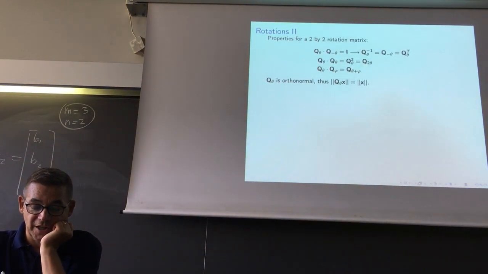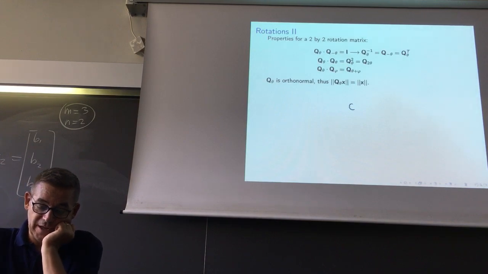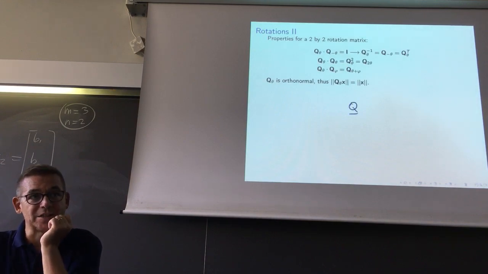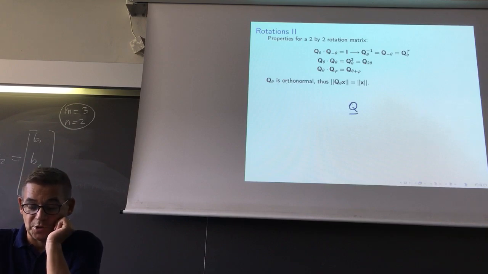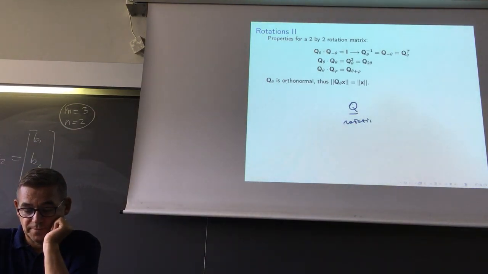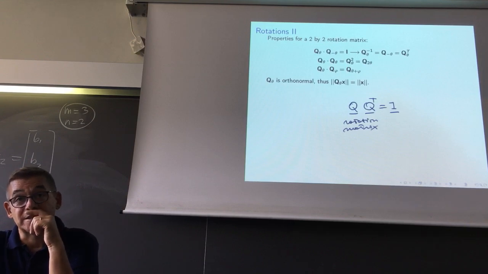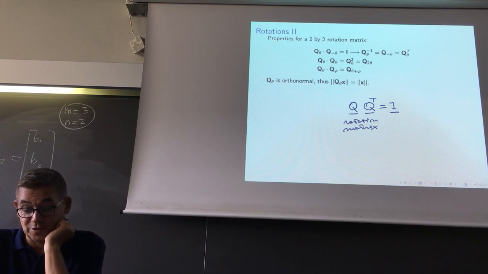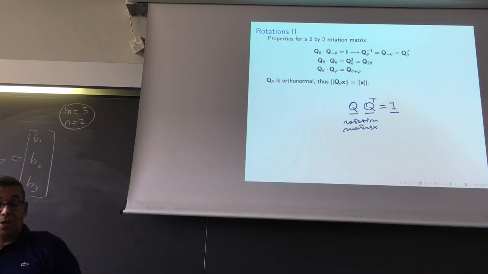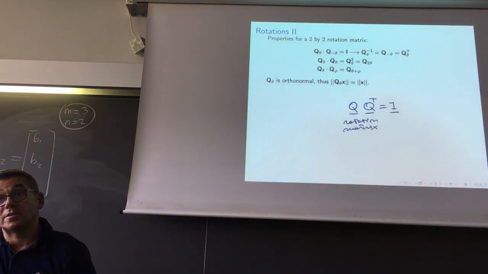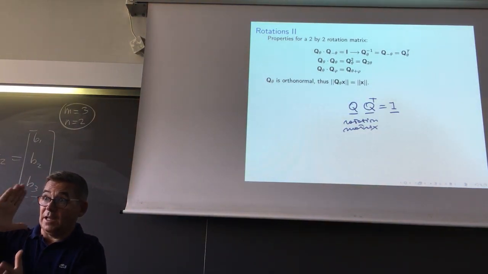So in general, if I have a matrix Q, and this matrix Q is a rotation matrix, and then I compute Q transpose Q, this is equal to the identity, which means the transpose is the inverse. So if two matrices are composed this way, it is a rotation. A rotation matrix is rotating the axes.